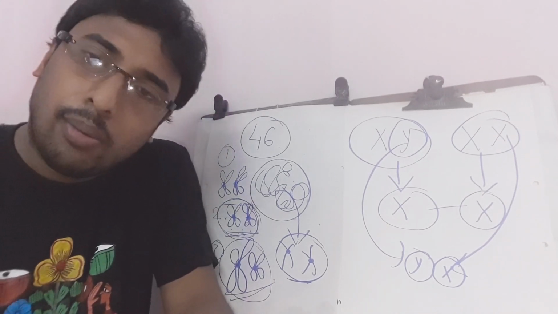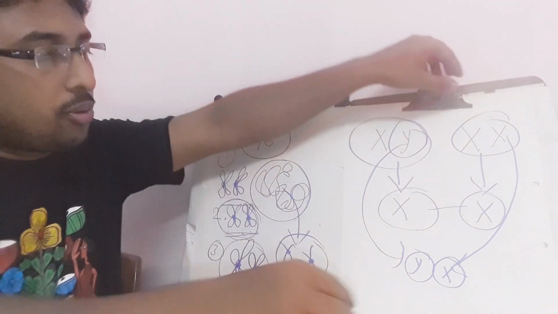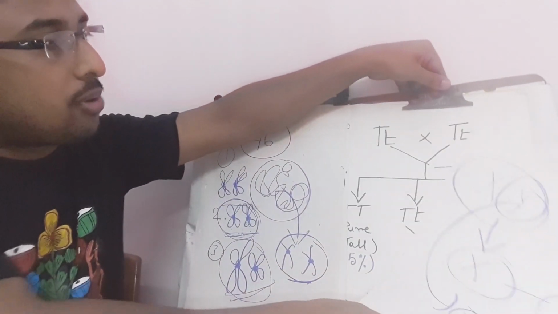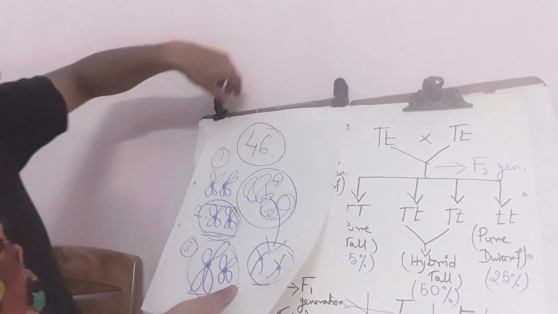So I am starting from the monohybrid cross, then I will explain the dihybrid cross. Now, what is a monohybrid cross and what is a dihybrid cross, I will explain now.